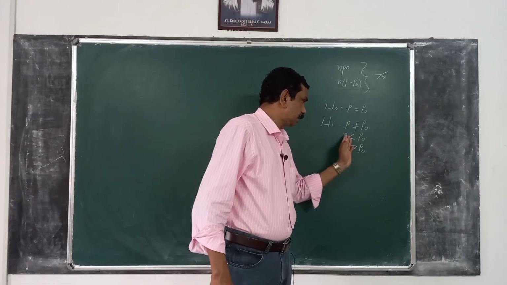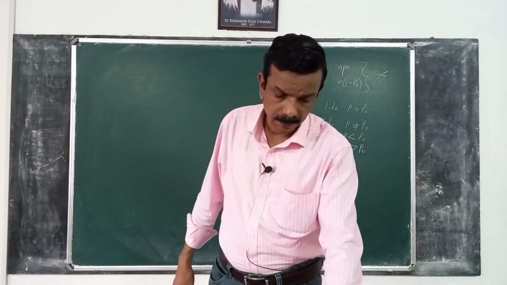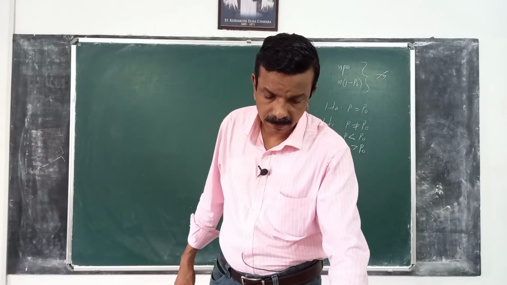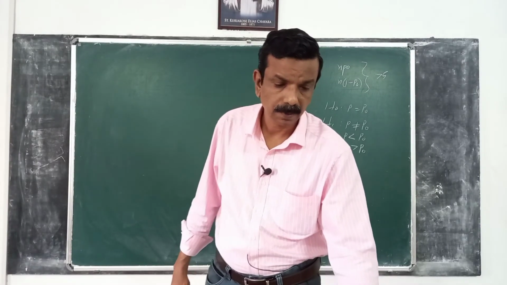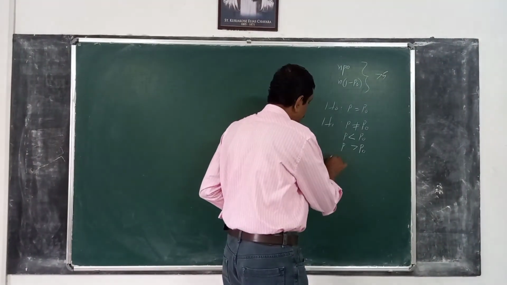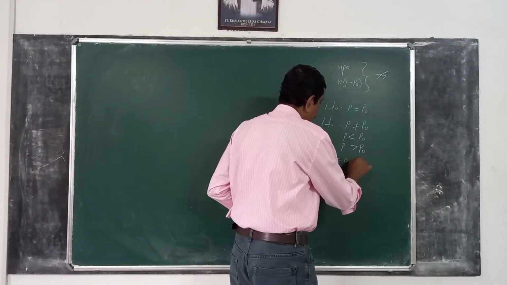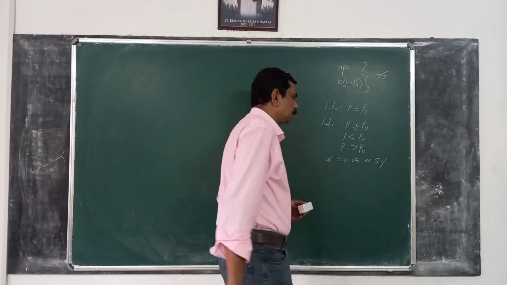These are the two-tailed test, left-tailed test, and right-tailed test. So we formulate the null and alternative hypotheses. The next step is to determine the value of alpha, at 0.05 or 5% or any other significance level.